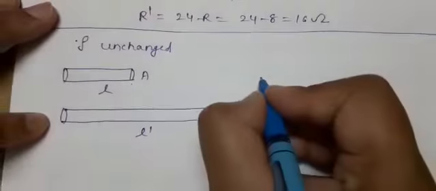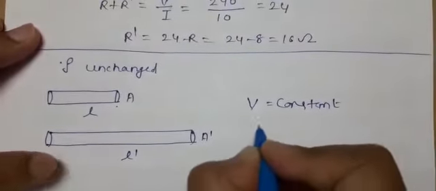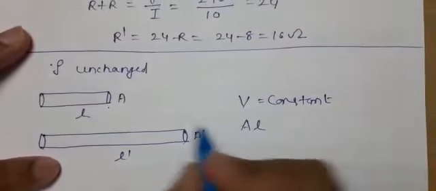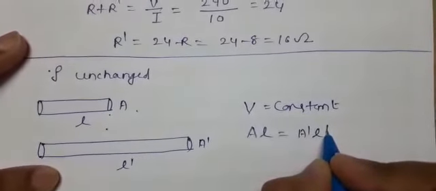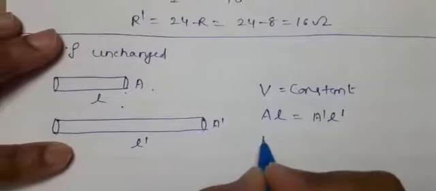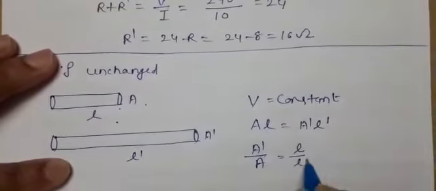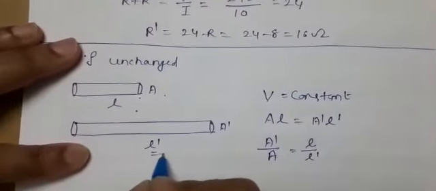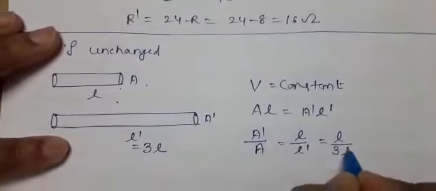So it means volume will remain constant. Volume is area into length. So A into L will be equal to A dash into L dash. Now from here, A dash upon A will be equal to L upon L dash. Since L dash is thrice the original length, it will be L upon 3L.